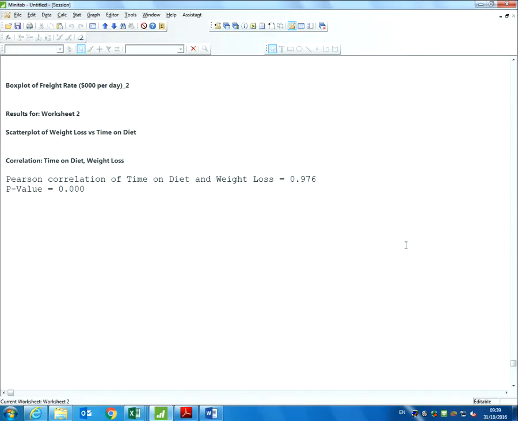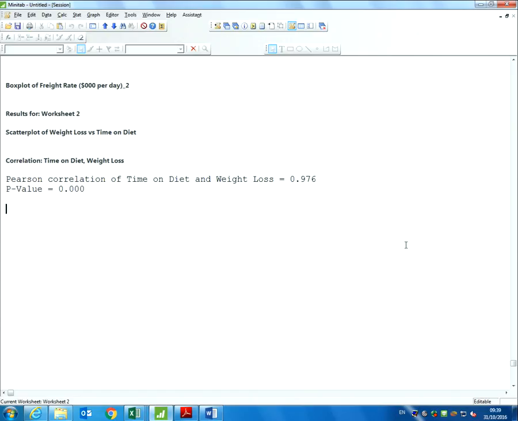A correlation coefficient doesn't take into account which is the independent variable and which is the dependent variable. It doesn't matter. Okay, so this is the answer, 0.976. Does that tie in with our thinking? Because we said this was positive and we said it was strong.